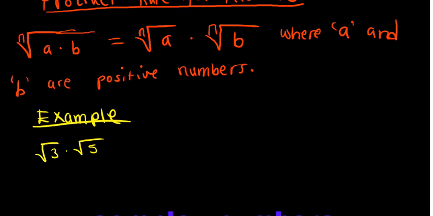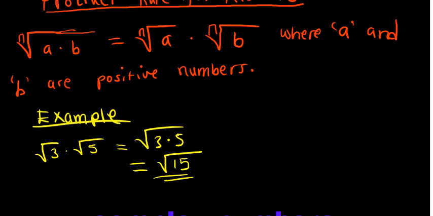So this is the same as the square root of 3 times 5 here. So we are going to have 3 times 5, which will give us 15. So let's say this is example 1.